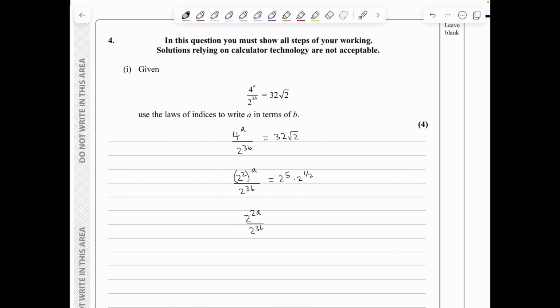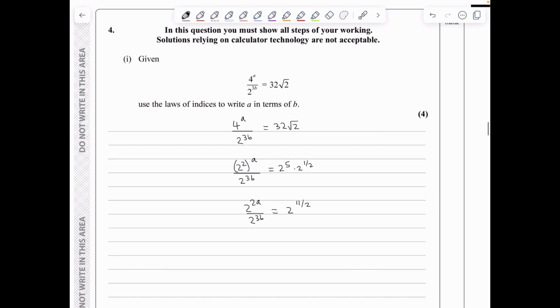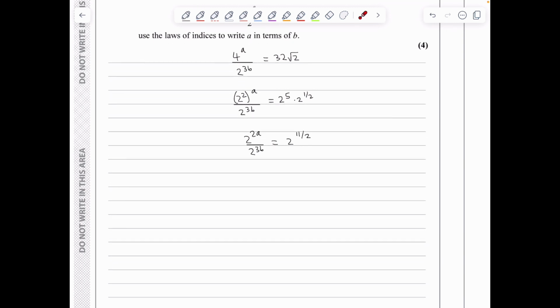And on the right hand side, when we've got multiplication with a common base, we add the indices, so we get 2 to the 11 over 2. Now we further proceed by saying that when we've got division, we subtract the indices. So 2 to the 2a minus 3b is 2 to the 11 over 2. And now we've got both sides of the equation being a power of 2, which simply means I can proceed by equating the indices.